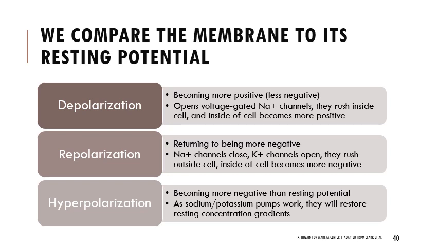It actually overshoots a little bit. So you go through hyperpolarization, where the inside of the cell becomes even more negative than the resting potential. But then the sodium-potassium pumps and leakage channels working restore those resting concentration gradients.